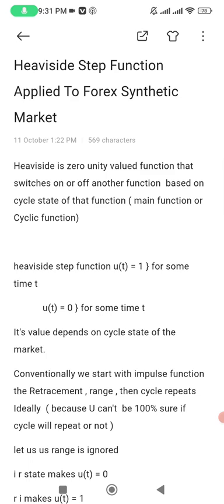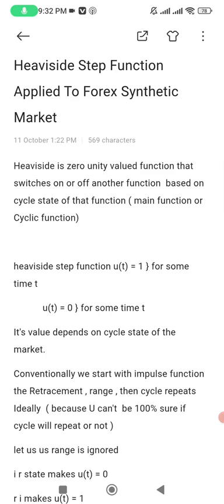So the topic is a Heaviside step function applied to Forex synthetic market. You see, the price movement is a mathematical function. So since it's a mathematical function, we're going to deploy some mathematical ideas.